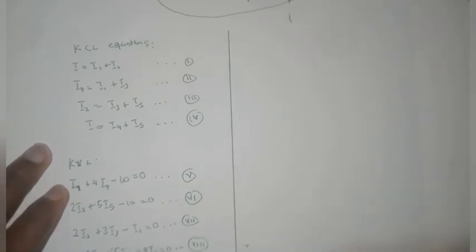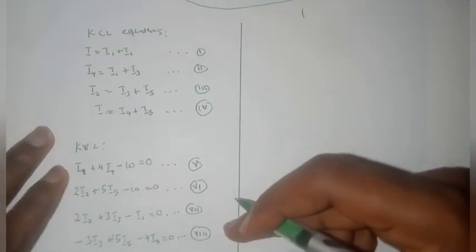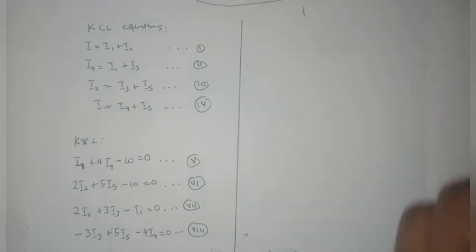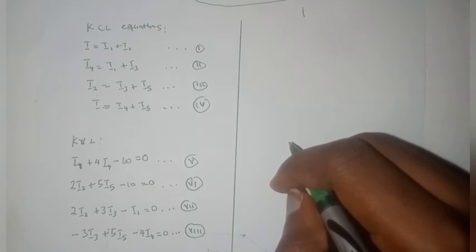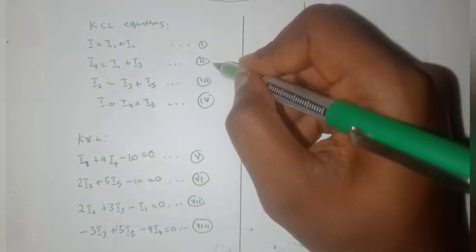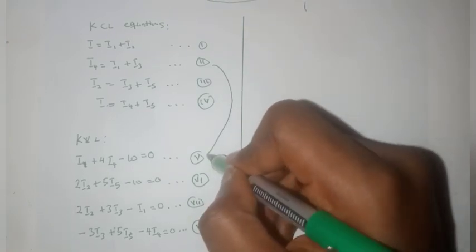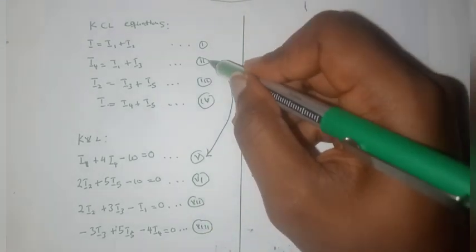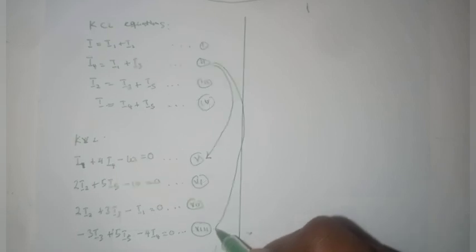So we've written the KCL equations, we've written the KVL equations. Then all we just have to do now is to solve the equations simultaneously. So the next thing we want to do is to substitute equation 2 into equation 5 and equation 8.